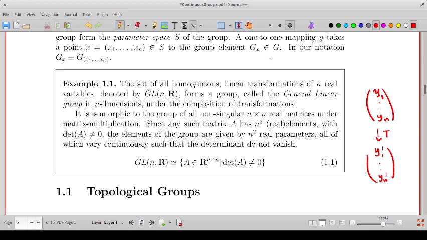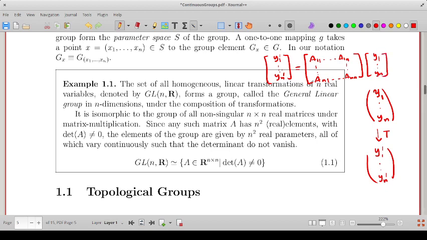So in general, it could be written in the following way: y1 dash, etc. up to yn dash is equal to the matrix a11, etc. up to a1n, down to an1, etc. up to ann, multiplying y1, etc. up to yn.